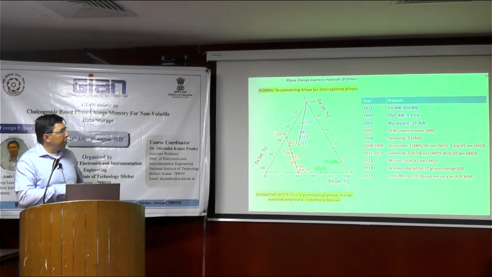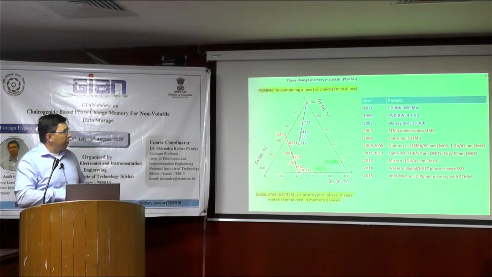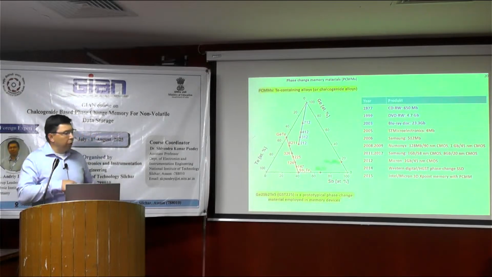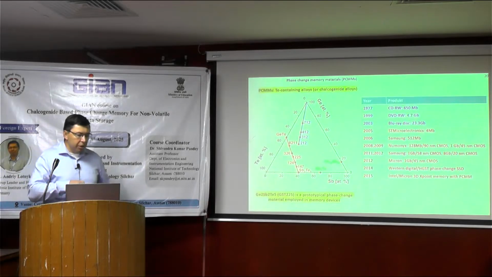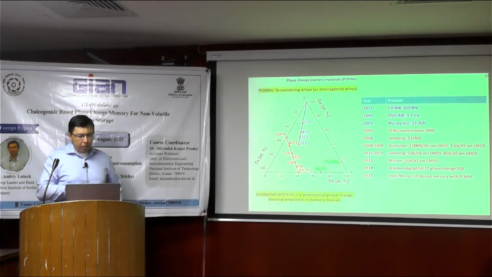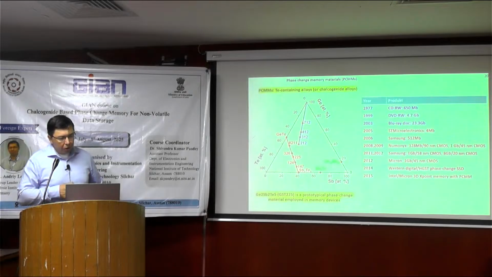But as I said, there are some issues with phase change alloys. One is thermal stability. To improve the thermal stability of such alloys, you can use germanium-rich alloys. Then you can increase the crystallization temperature of your materials. This is for embedded applications like aerospace or automotive.